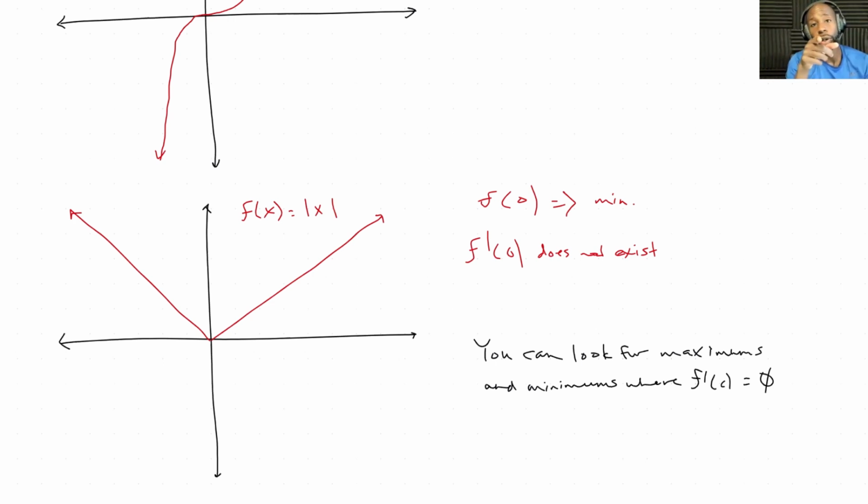So look for it because it's likely that Fermat's theorem applies, and wherever you find the derivative equal to 0 is a maximum or a minimum. However, it doesn't necessarily guarantee. So that's why it's important to consider all factors. Is it visually a minimum or a maximum? And does the derivative actually exist?